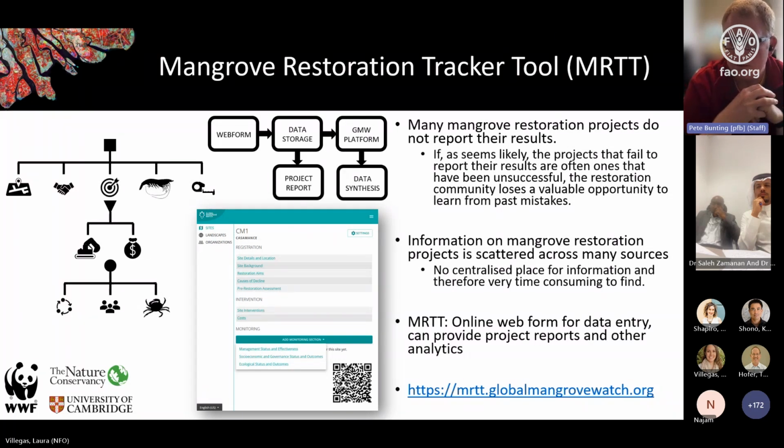Some of that data can then be made available so people can understand what other restoration efforts are happening in an area, how successful they've been, and learn from others in terms of how those are progressing. That's something that is now available, and we're hoping that people will pick up and use. So if we go to the next slide.